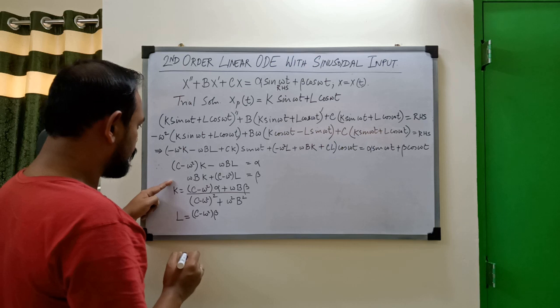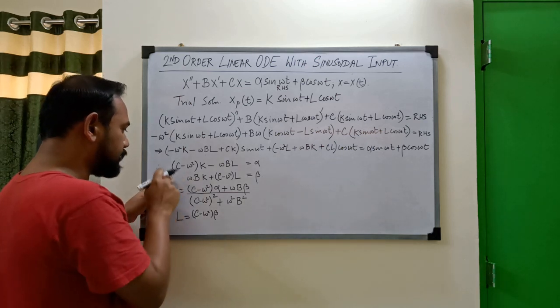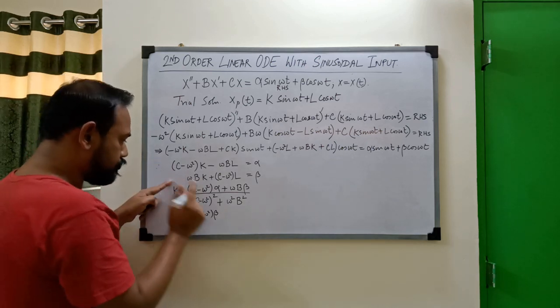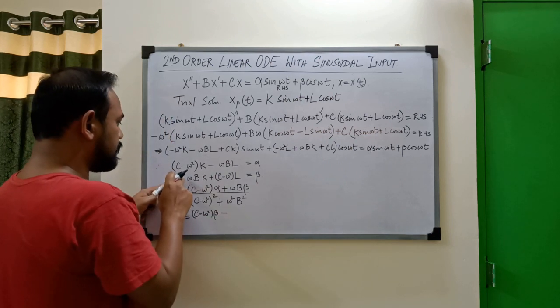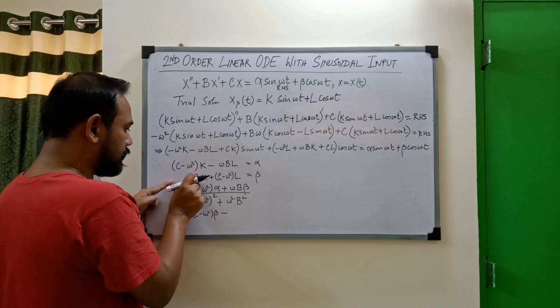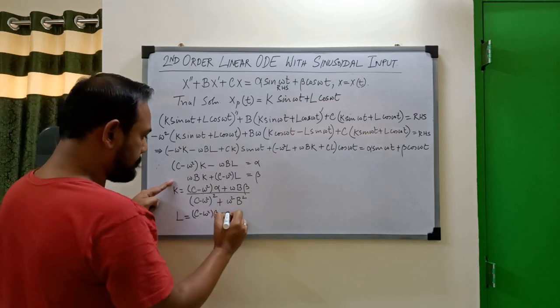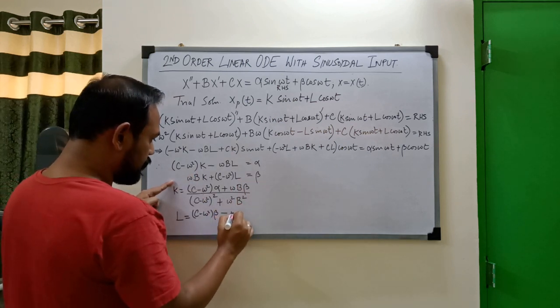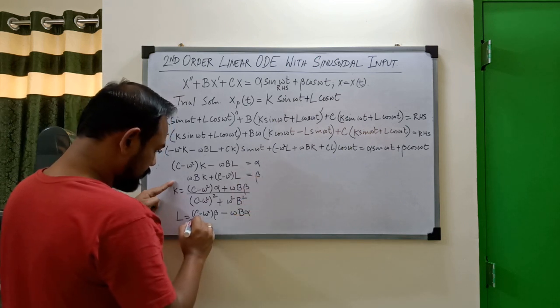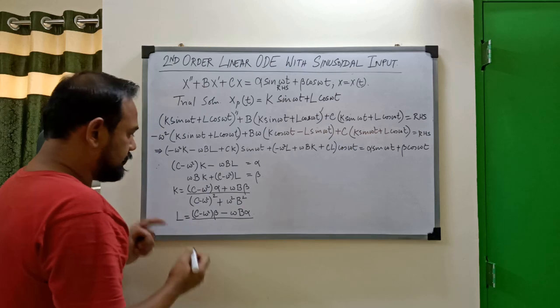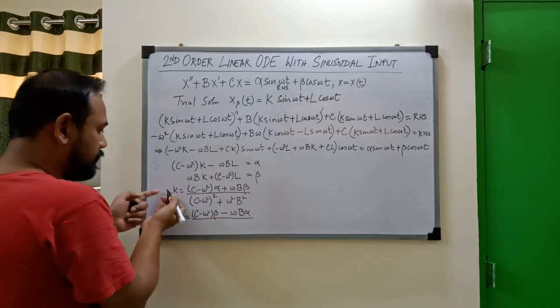And because these are the same sign, I have to subtract the first equation times this coefficient, omega b. So from the right hand side, I will have omega capital B alpha. And then the denominator will remain the same.